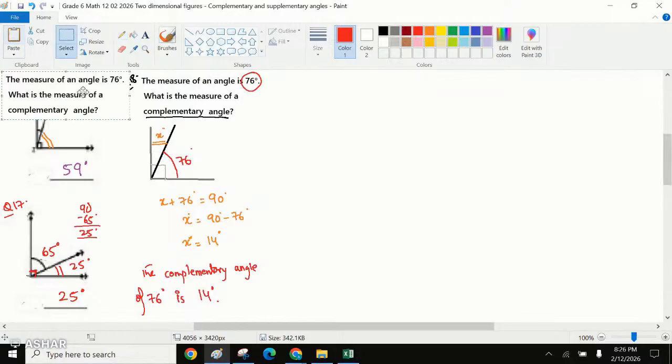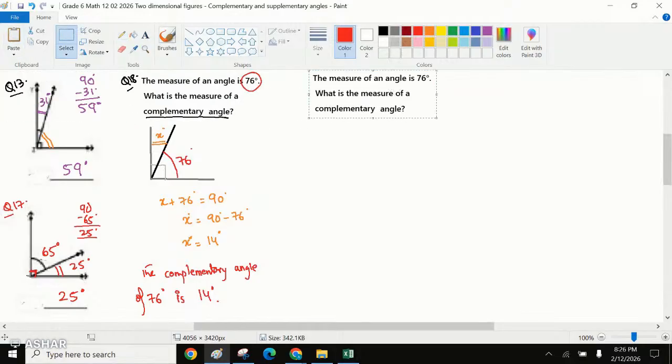For the same question, if I would change one word, and you know that word, right? If I would say, what is the measure of the supplementary? I just changed one word from complementary, we made it a supplementary, okay?